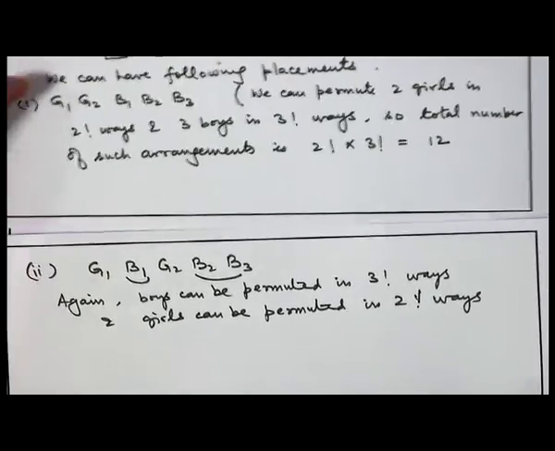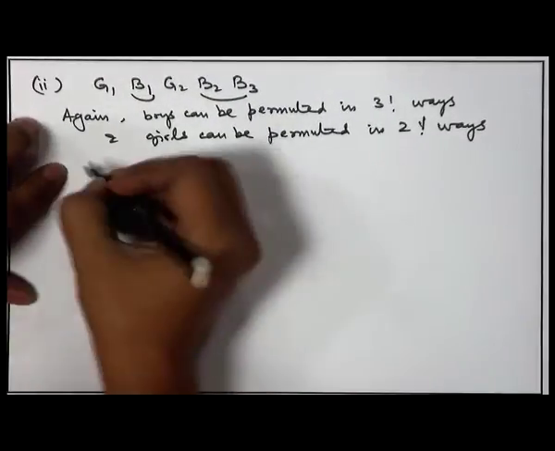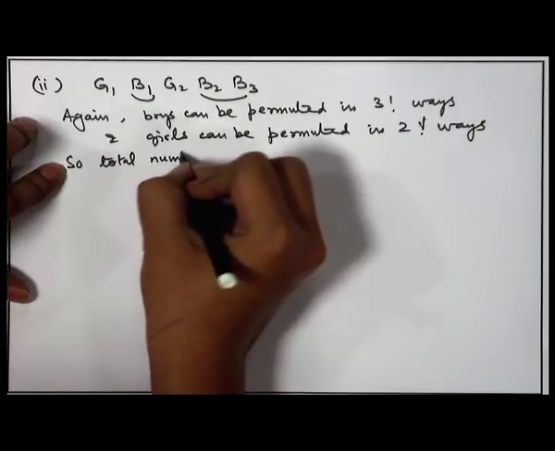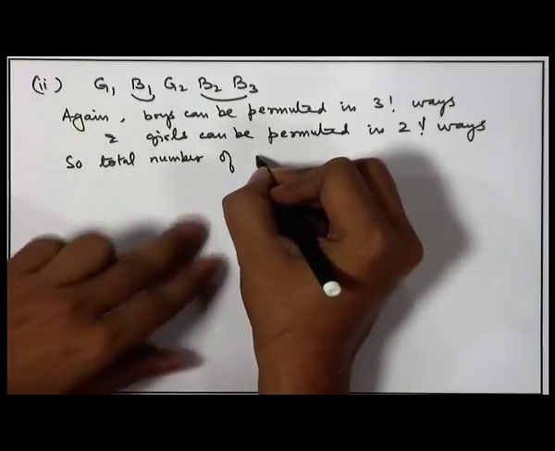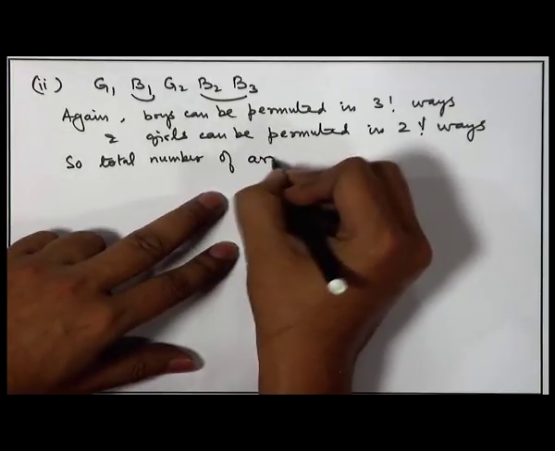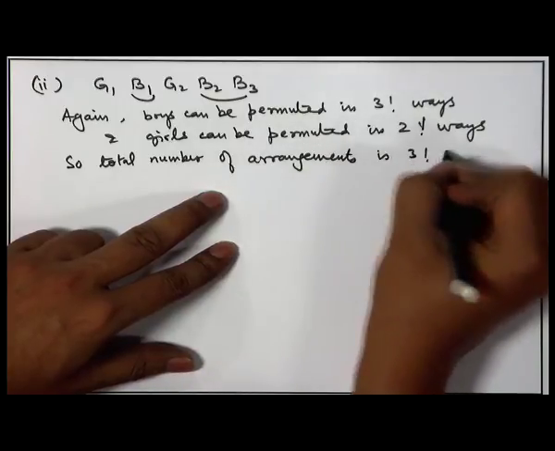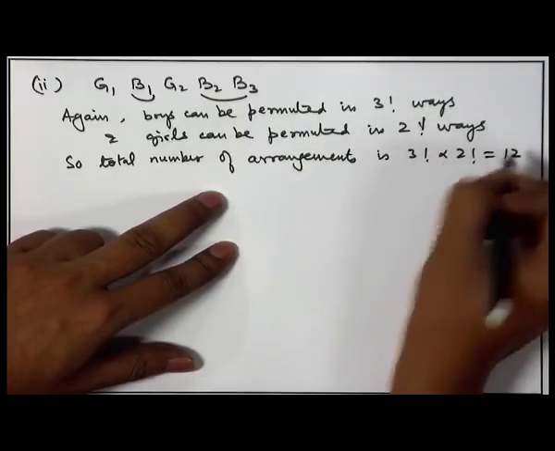So, the total number of permutations or arrangements is 3 factorial into 2 factorial, that is 12.